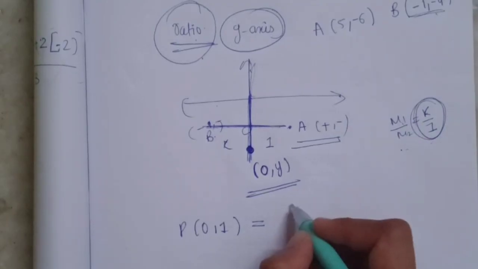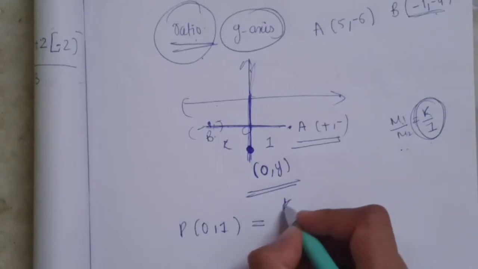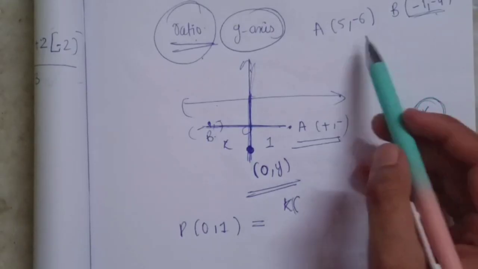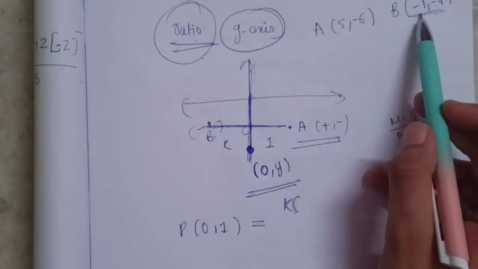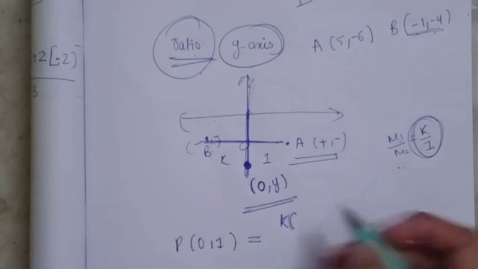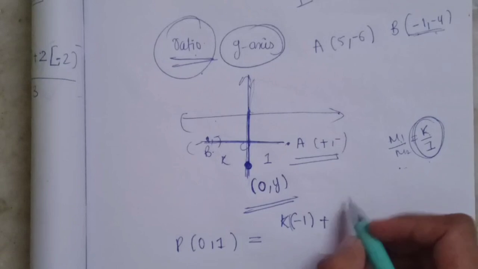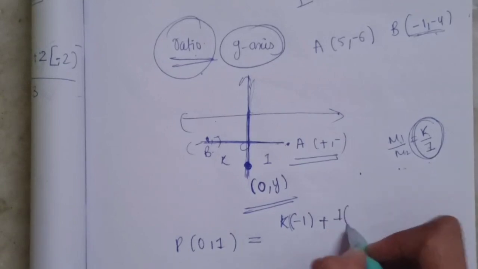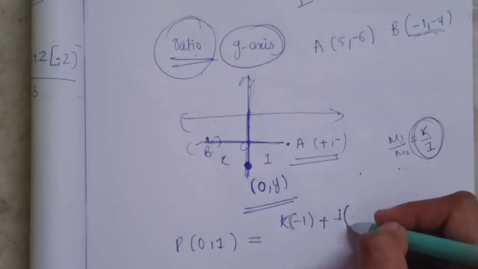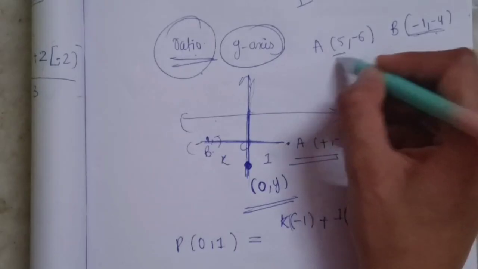So now in the section formula, M1 is k, M1 x2. What is x2? Which is minus 1. M1 x2 plus M2, M2 is 1, x1.